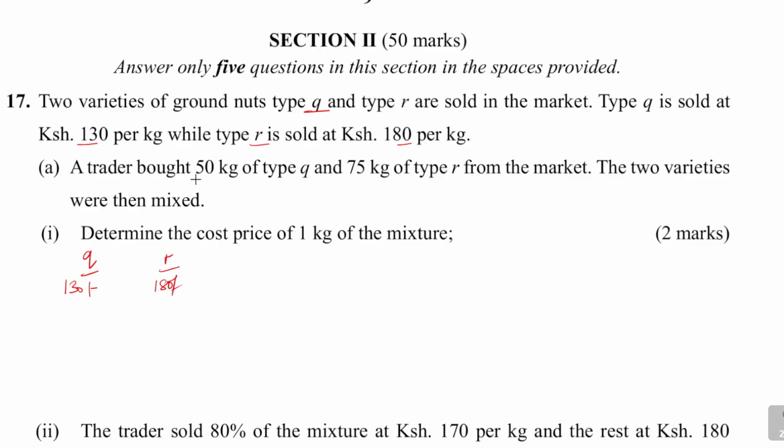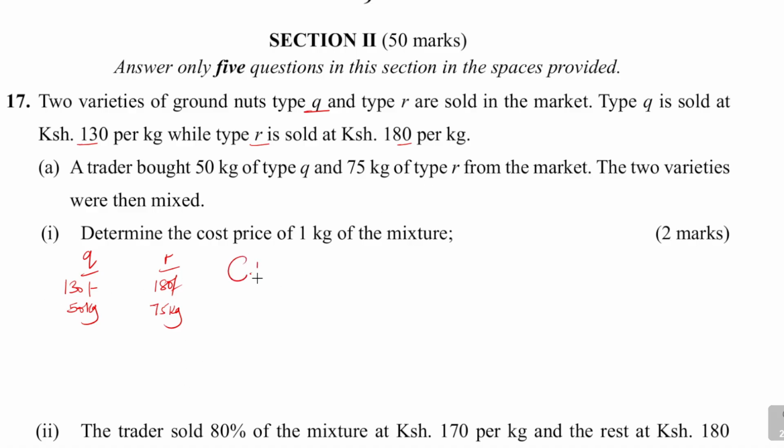The trader bought 50 kg of type Q and 75 kg of type R from the market. Then the two varieties were mixed. So you're required to get the cost price of 1 kg of the mixture. So this is how you're going to get the cost price.